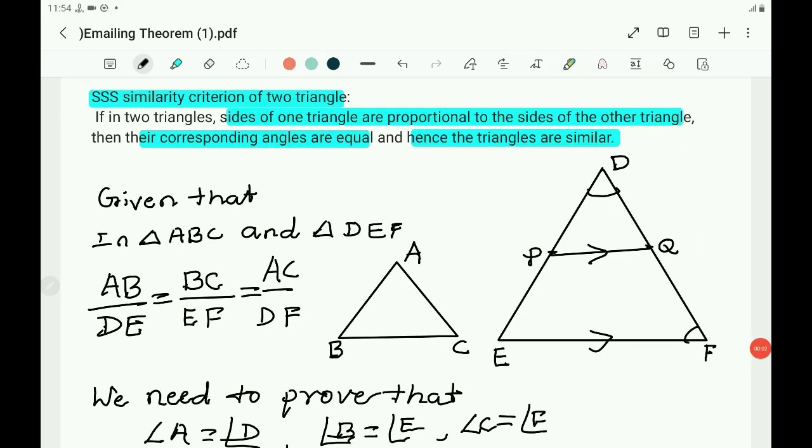Now you got that angle DPQ equals angle E and angle DQP equals angle F.